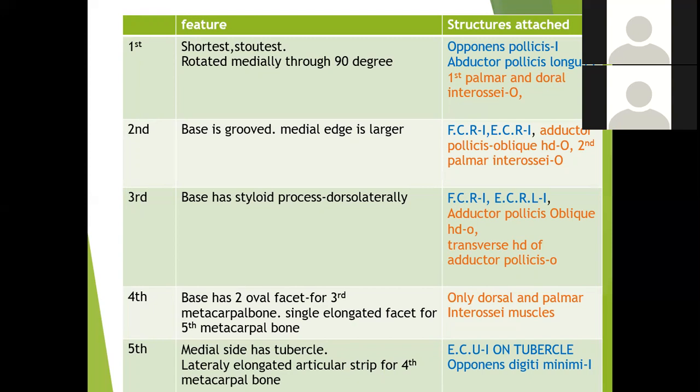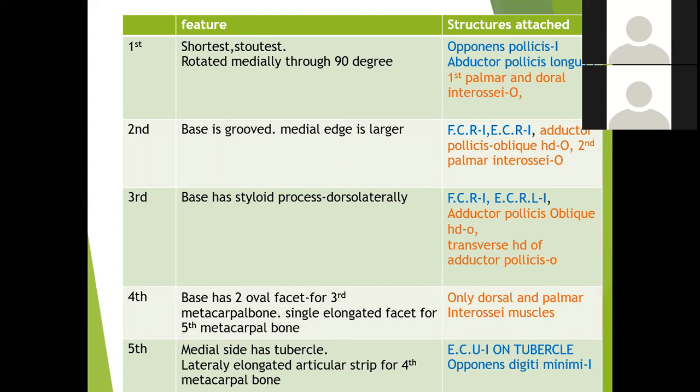Except the third metacarpal bone, which won't give origin for the palmar interosseous. All the other metacarpal bones give origin for both palmar and dorsal interosseous, except the third. The third metacarpal bone gives origin only for the dorsal interosseous.